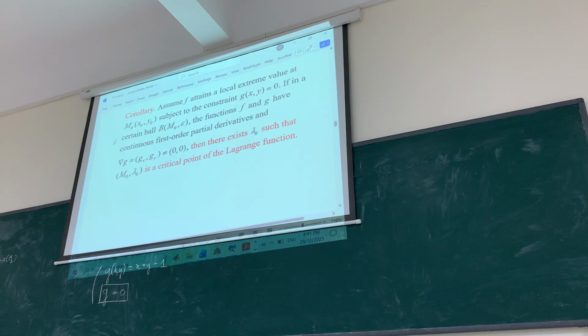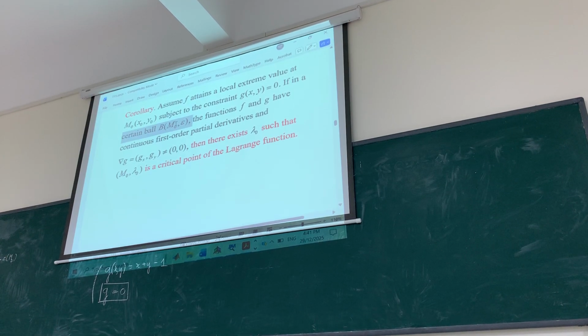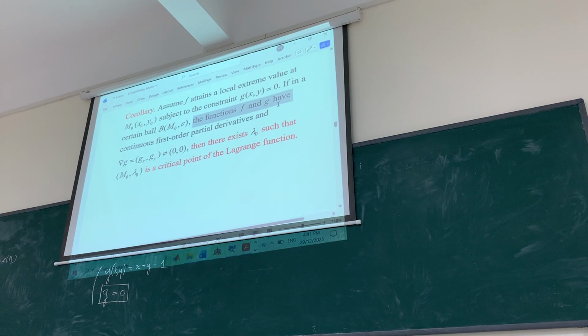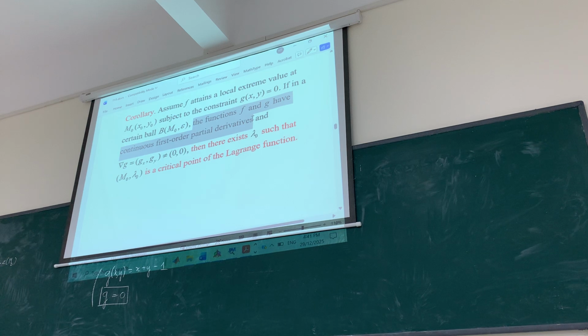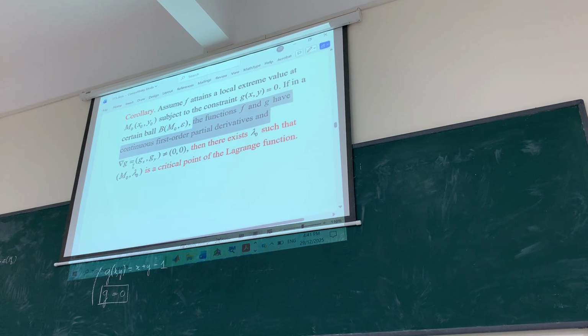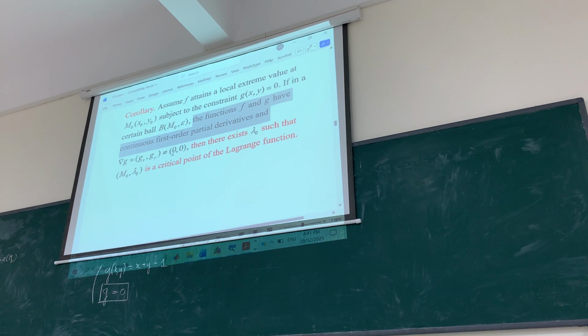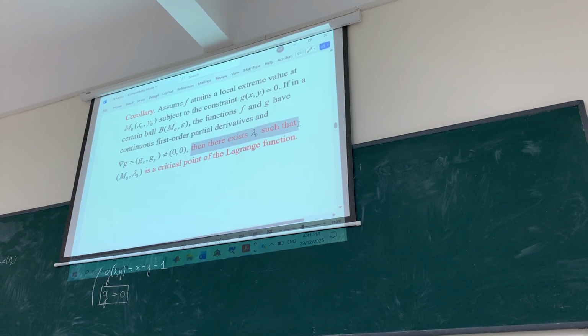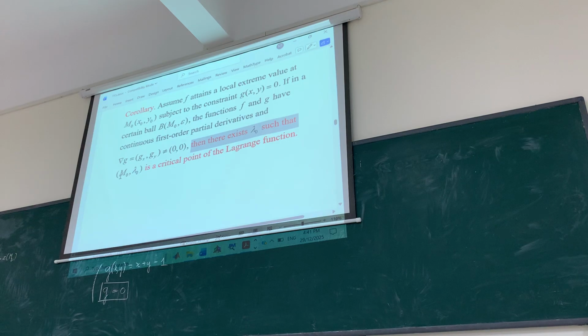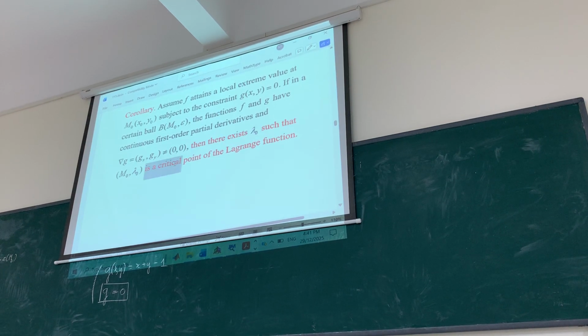If in a certain ball around M0, the functions f and z have continuous first order partial derivatives, and z prime x, z prime y are not both zero in this ball, then there always exists lambda 0 such that (M0, lambda 0) is a critical point of the Lagrange function.